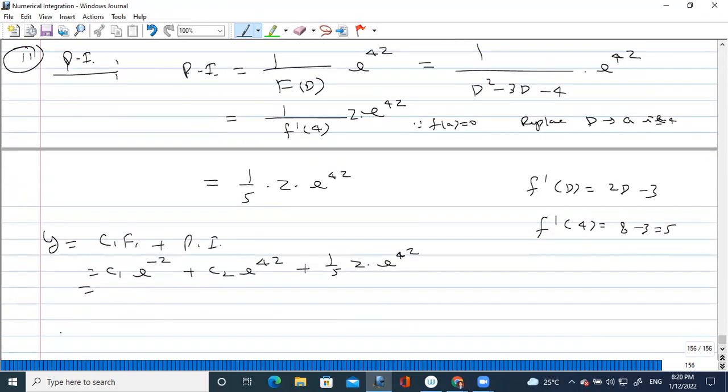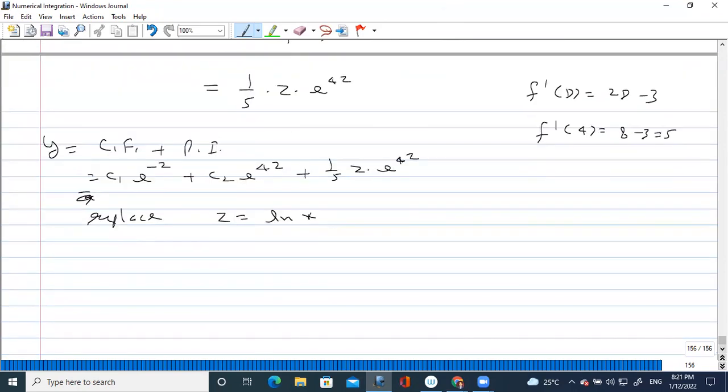Here you have to replace z equal to ln x. Okay, so y will be C1 e to the power minus ln x plus C2 e to the power 4 into ln x plus 1 by 5 into ln x into e to the power 4 into ln x.